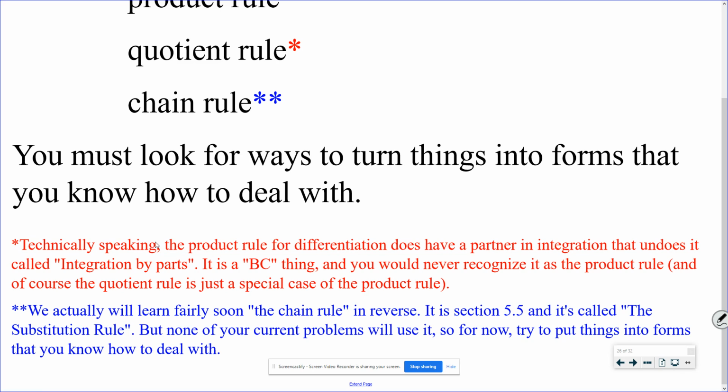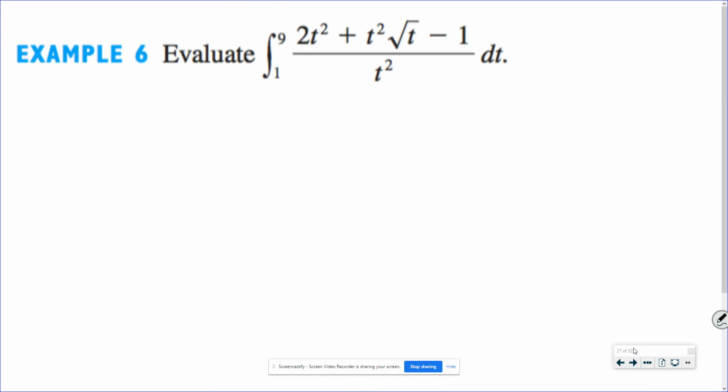So it says, technically speaking, there is a product rule for antiderivatives, but it's something you would do in Calc AB. And also there is something for chain rule, but we haven't learned that yet either, okay? Moral of the story is, when you get a big old mess like this, your job before you try to take an antiderivative is to find a way to simplify the expression, okay?